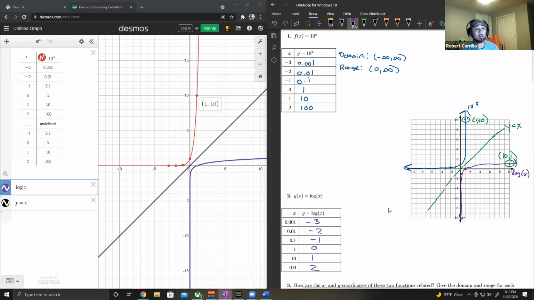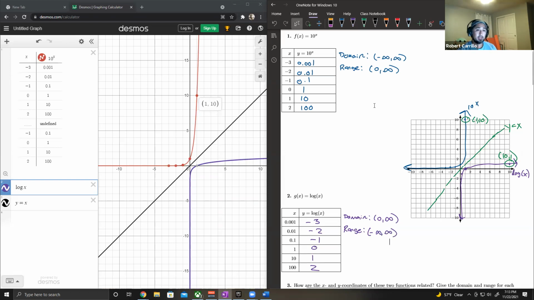So looking at this log function, the range of 10 to the x will become the domain of log x. So the domain will be 0 to infinity, and the range will be the domain of 10 to the x, which is all real numbers.